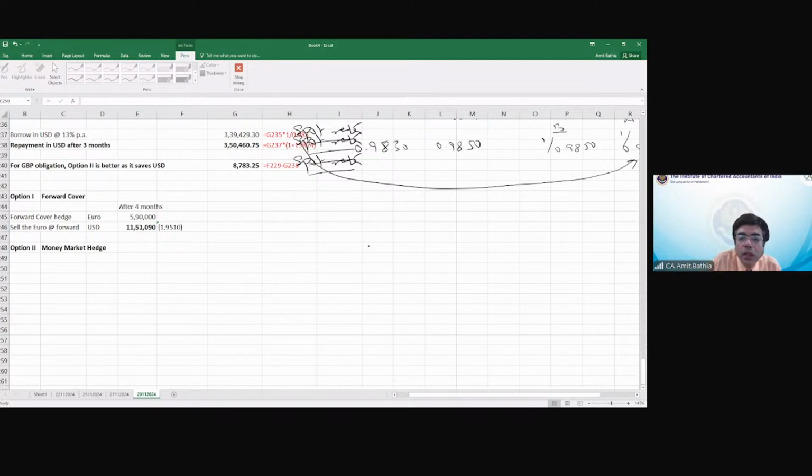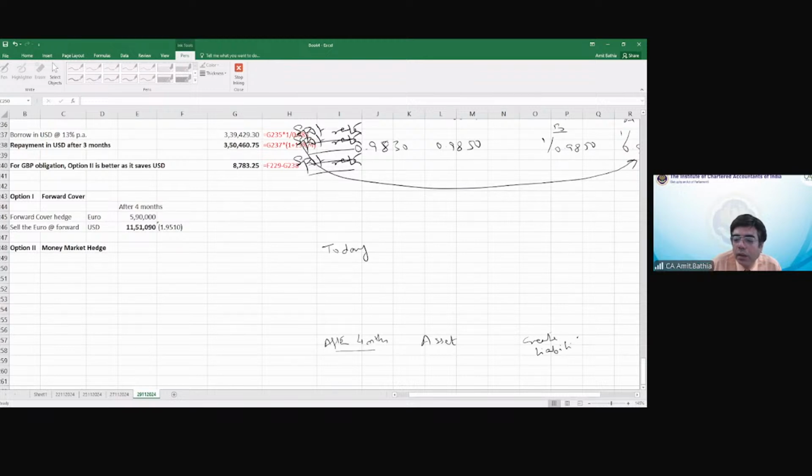Let us look at it over here. So this is today. This is after 4 months. So after 4 months, I am going to have an asset. So what I need to do is create a liability.